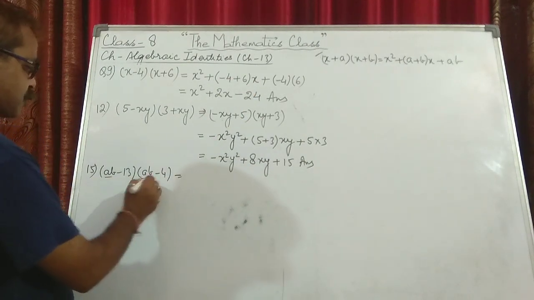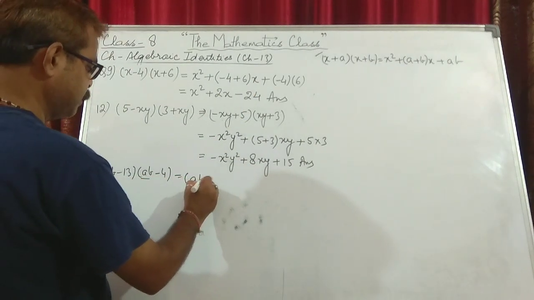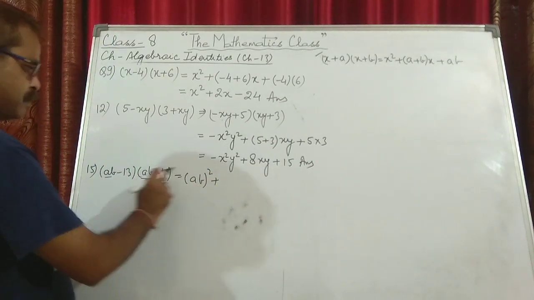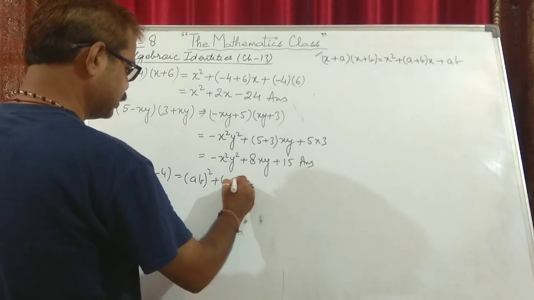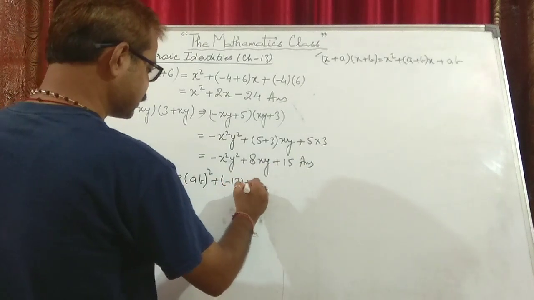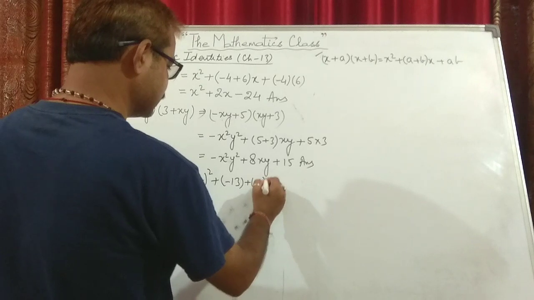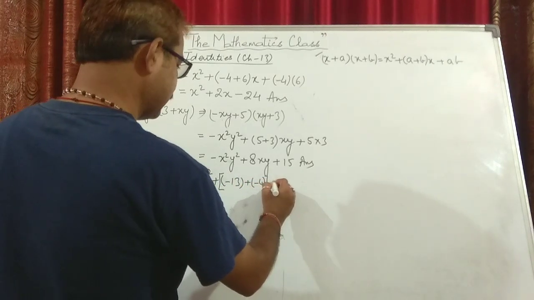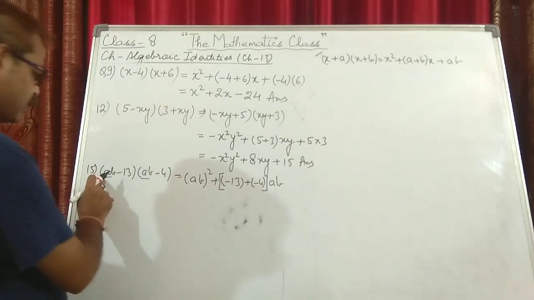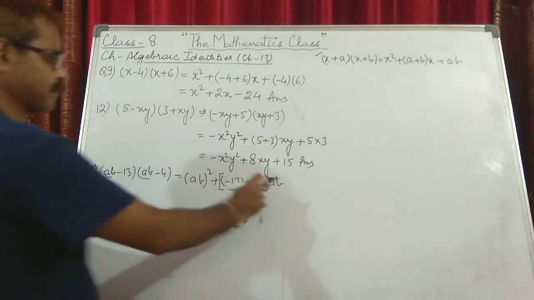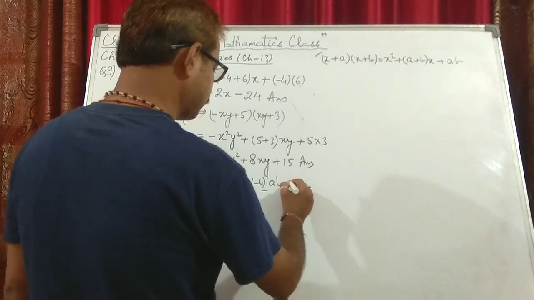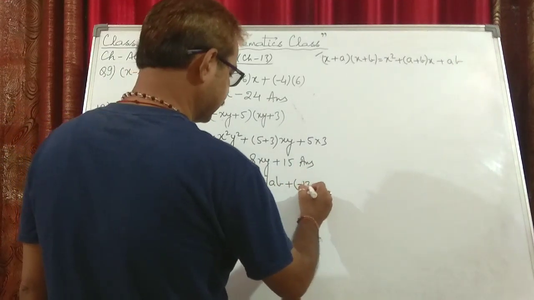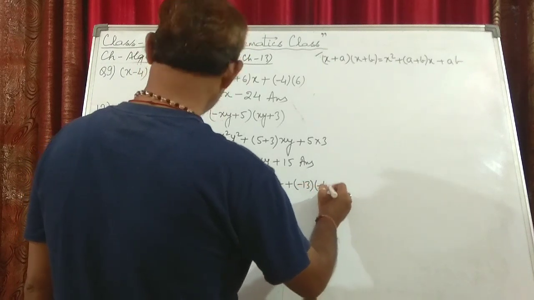First, x square means (ab) square, plus (a + b) times x. Here a is −13 and b is −4, and x is ab, the variable, so the first term is ab. Then plus a into b, where −13 is the a term and −4 is the b term.